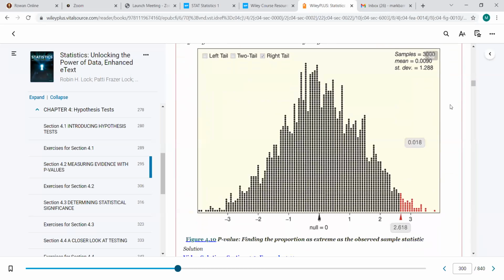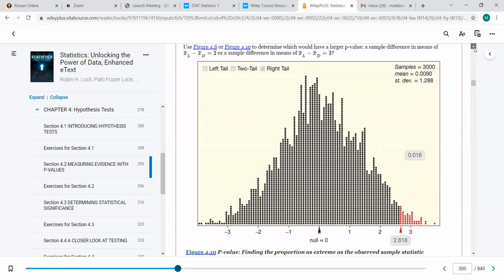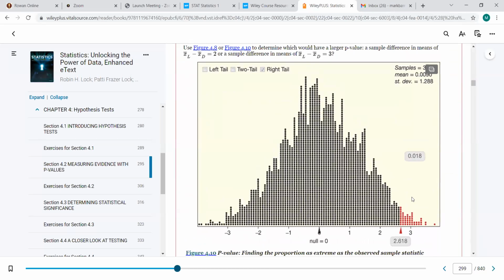Okay, and by the way, here it is right here. There's a very nice way of doing this. I'll show you next time how it works in StatCake. But anyway, here's 2.618. Here's the 0, the null assumption of 0. And notice that the red dots here represent all of the sample differences in means that are at least 2.618, and there's 53 of these.